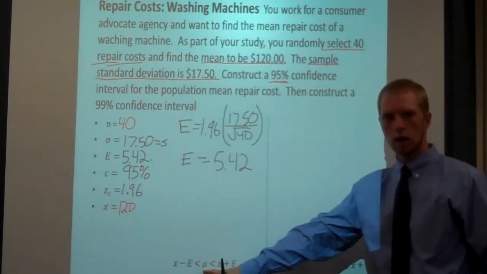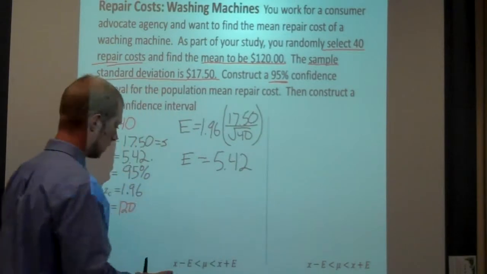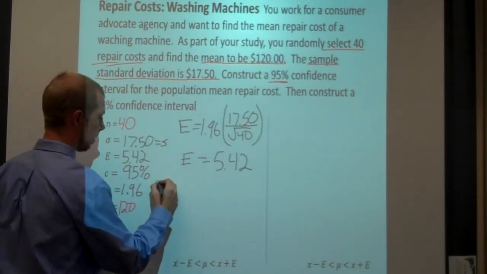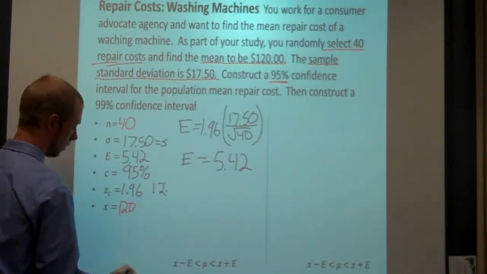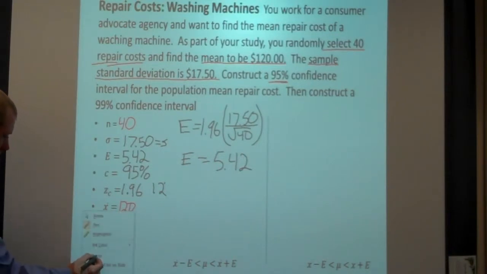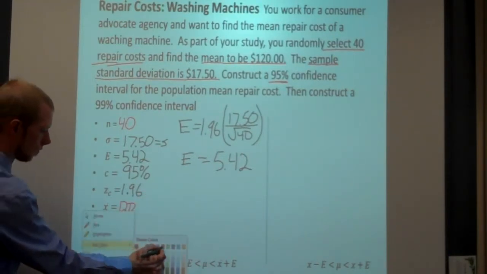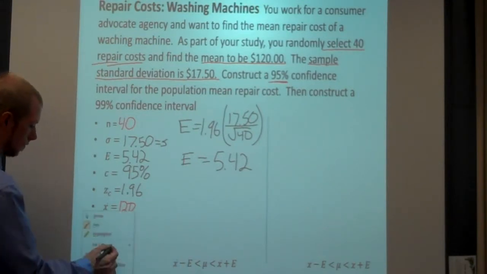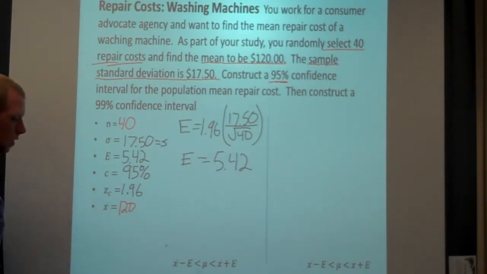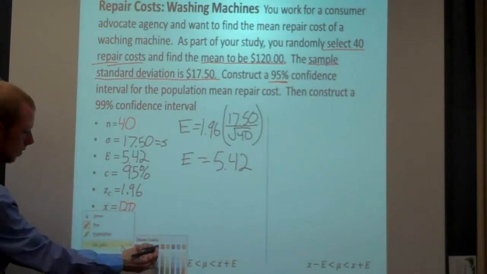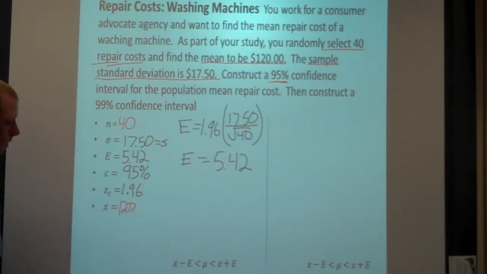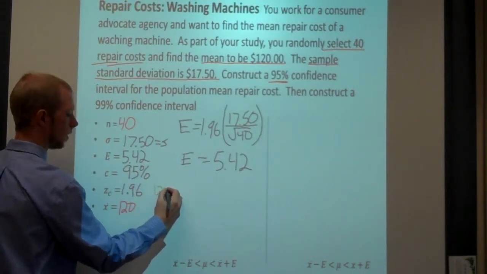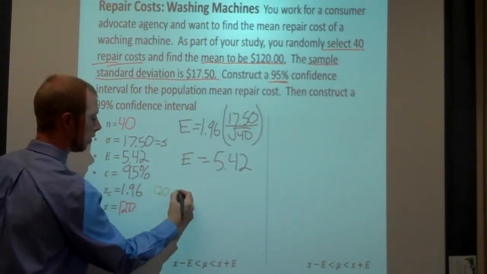Okay, so now I've got a margin of error of 5.42. Now it's simply saying, can I take this 120, and I'll use a different color here. Let's go with green. Alright, so I'm going to take my 120 and subtract 5.42.